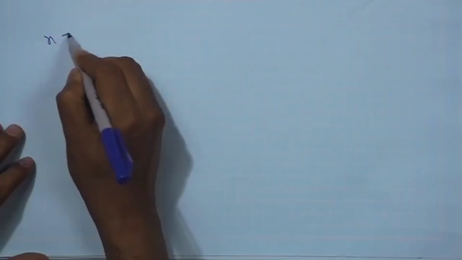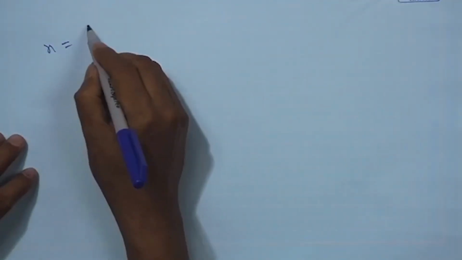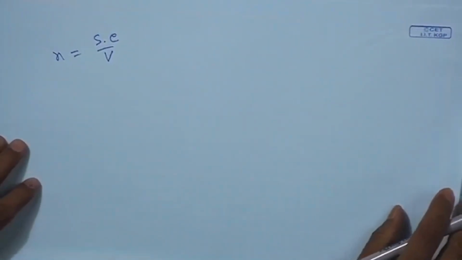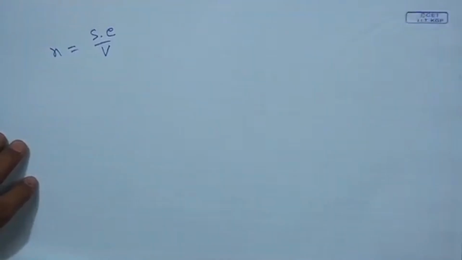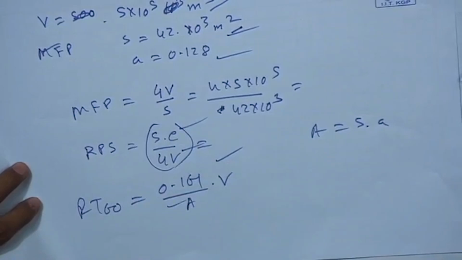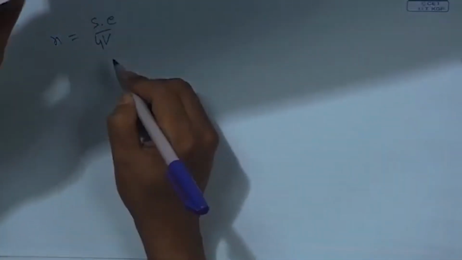The number of reflections per second is not S into C by V, it is SC by 4V, sorry, 4V. Now, if the number of reflections is large, then we apply large room acoustics, a reverberant sound field is created, and the statistical model of sound growth is applied.